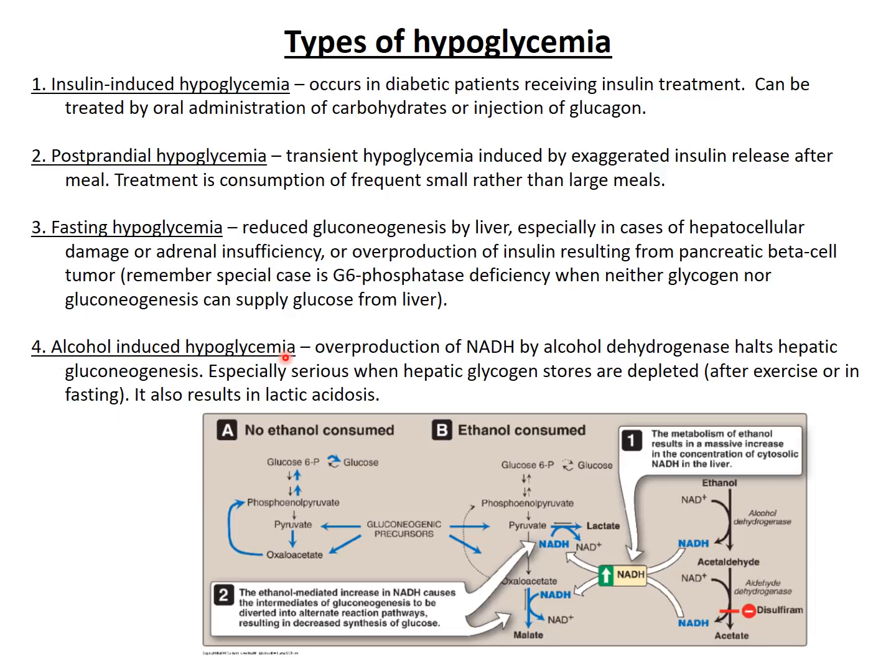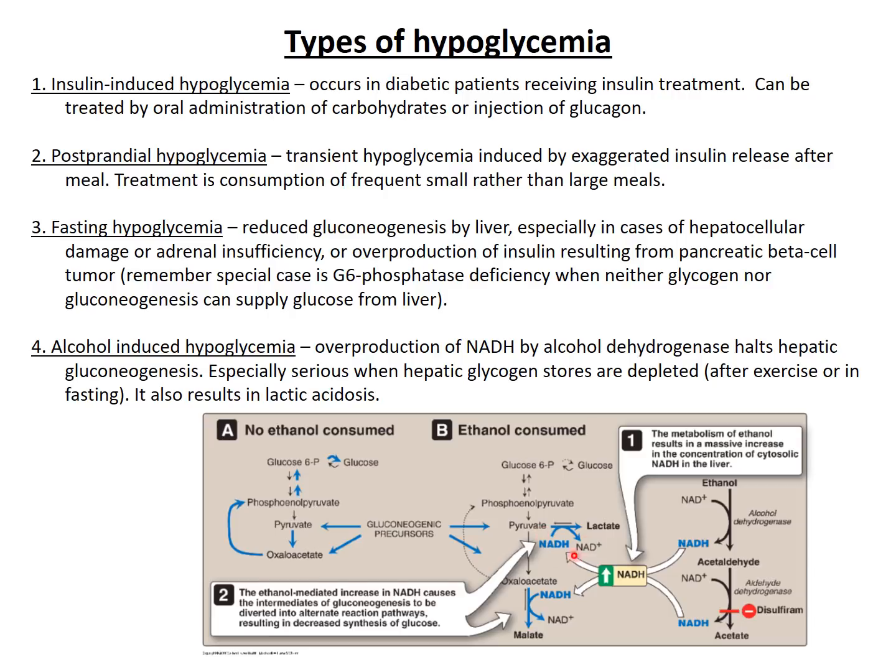Now, alcohol-induced hypoglycemia. You also learned about the effect of alcohol: alcohol dehydrogenase in the cytosol will produce NADH, which will inhibit gluconeogenesis because it will push the gluconeogenic substrates back to their reduced form. So gluconeogenesis cannot happen. When you consume ethanol, you need to think about it.